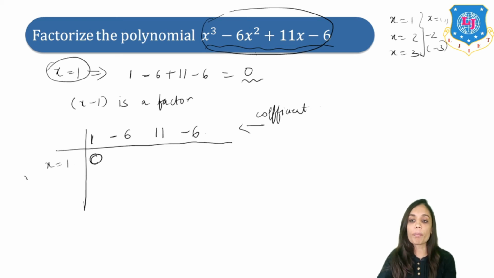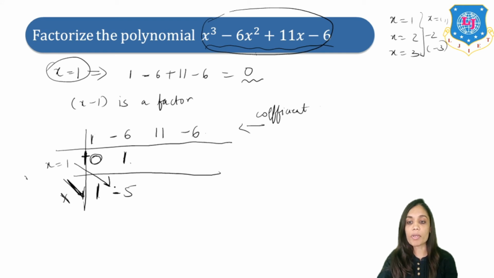Now here you have to compulsorily put 0 first. If you are at this place, you will add both the terms. And if you are at this place, we will multiply both the terms. So 1 plus 0 will give us answer as 1. Now let us multiply 1 into 1. That will give us answer as 1. Add these two. So -6 plus 1 will give us answer as -5.